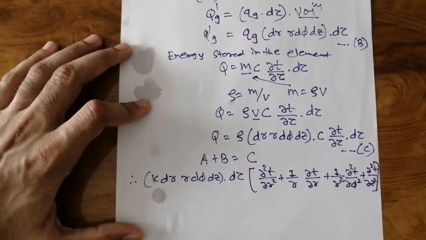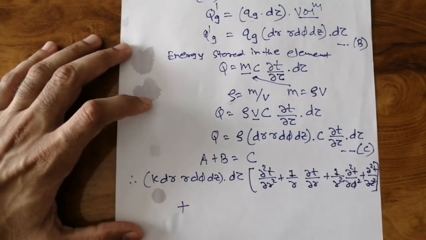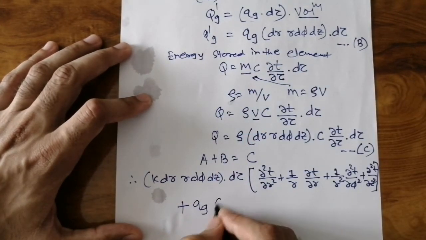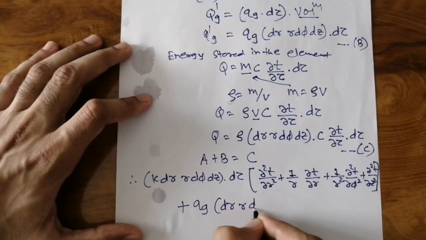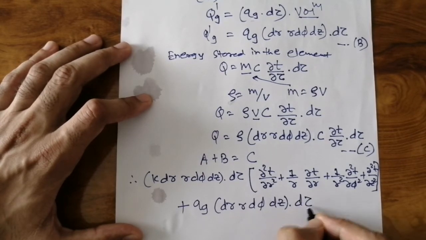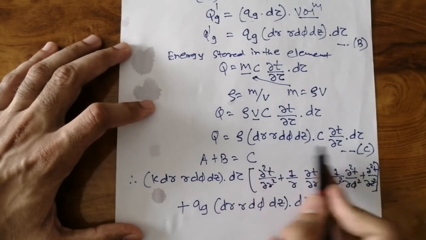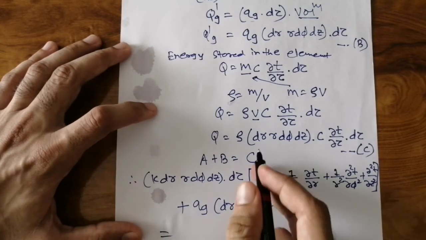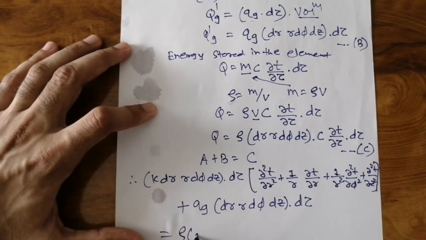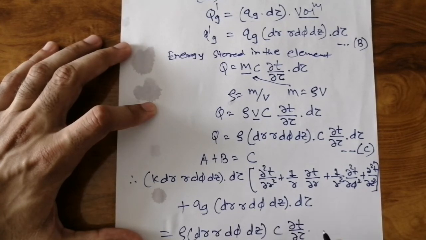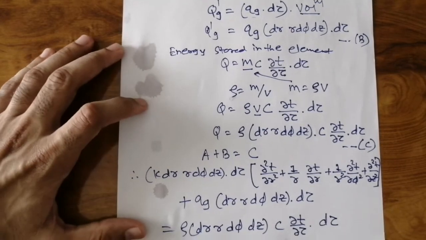That is our equation A. Plus equation B, heat generated within the element: Qg dr r d phi dz into d tau. And equation C is rho dr r d phi dz C del T by del tau into d tau.